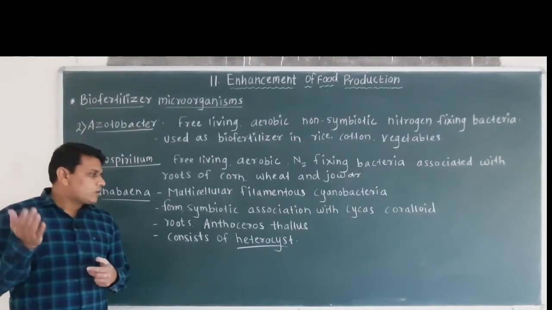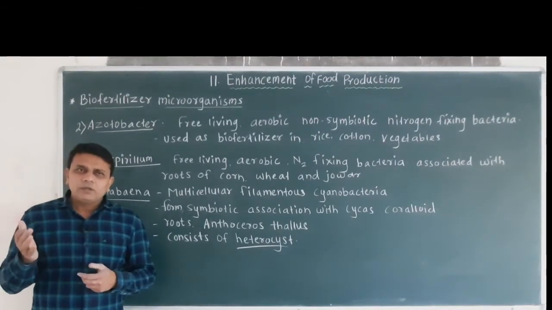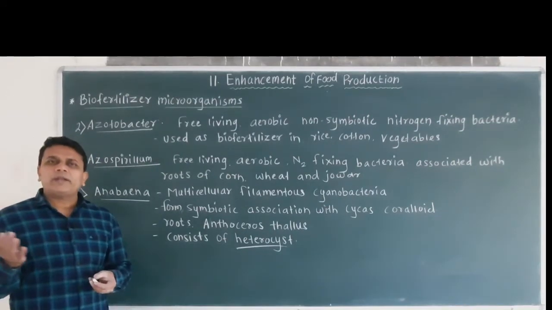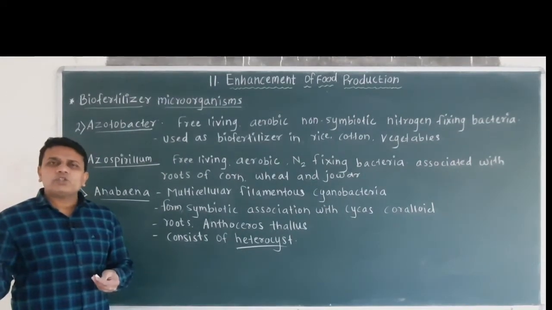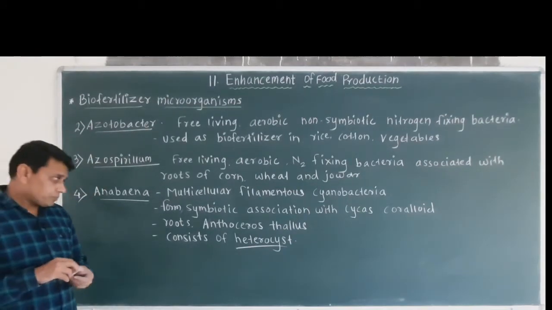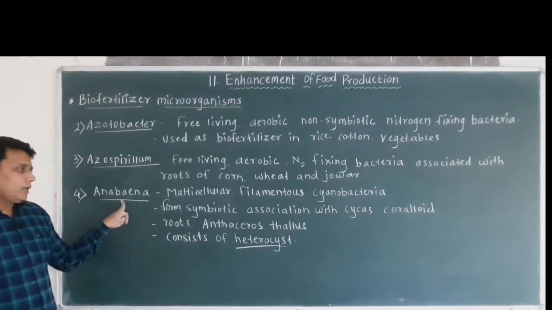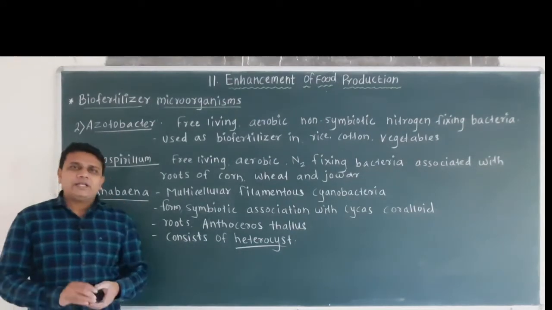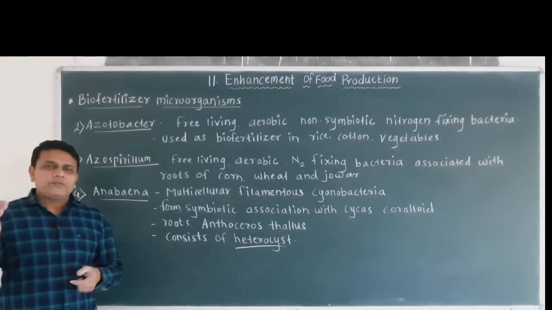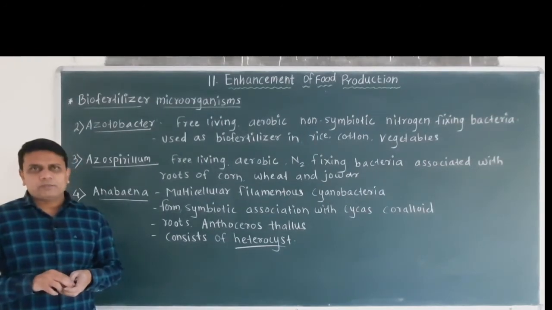So these heterocysts help to convert atmospheric nitrogen into soluble form, that is, carry out the process of fixation of nitrogen. So Anabaena can be used as biofertilizers in different types of crops.